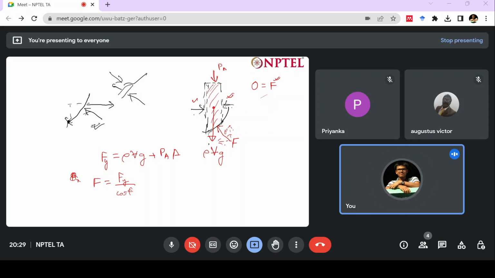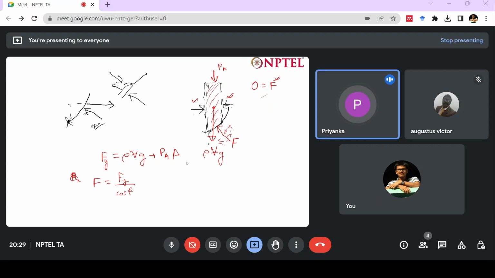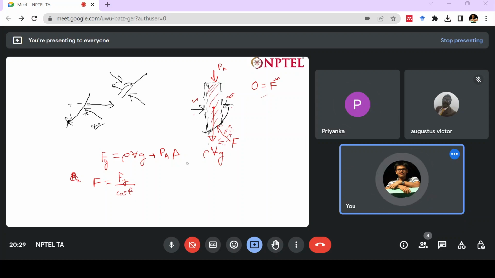Nothing else will change. It is the projected surface area, the surface above, where the pressure is acting, not the curved surface.